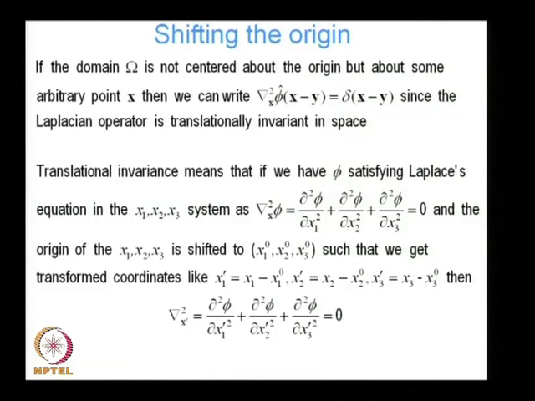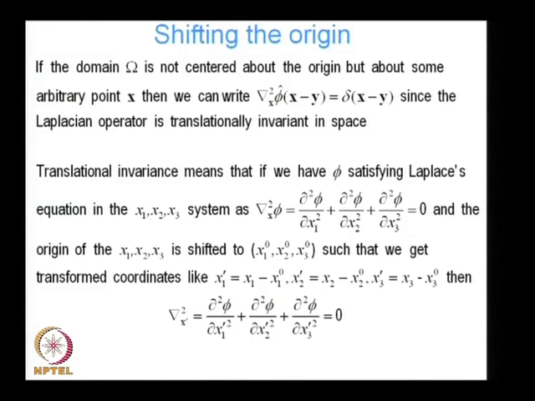Well, if I write my Laplacian like this, with the origin at 0, I have something like this: del 2 phi del x1 square plus del 2 phi del x2 square plus del 2 phi del x3 square. And then I shift the origin.